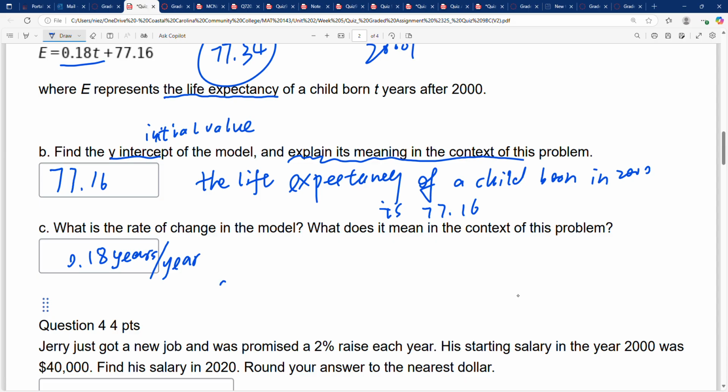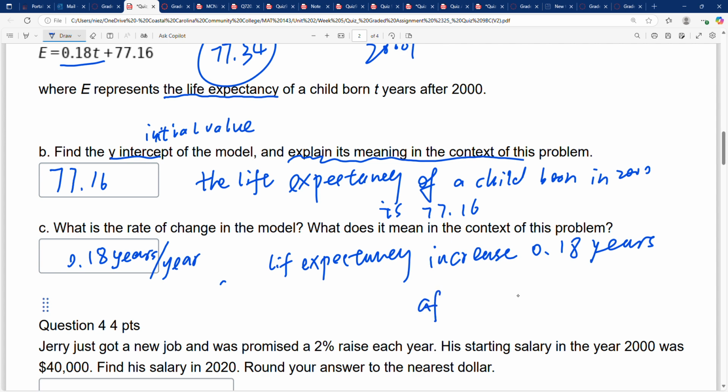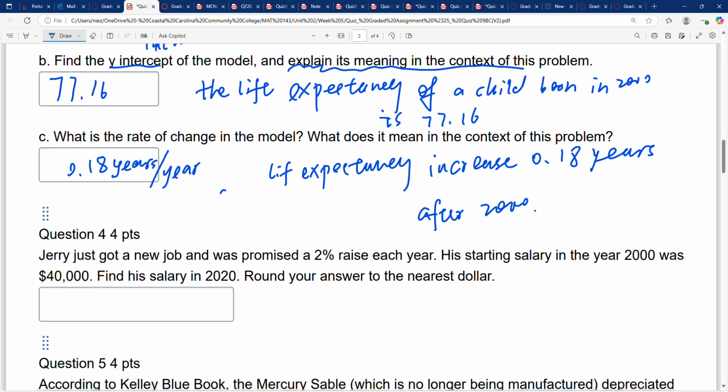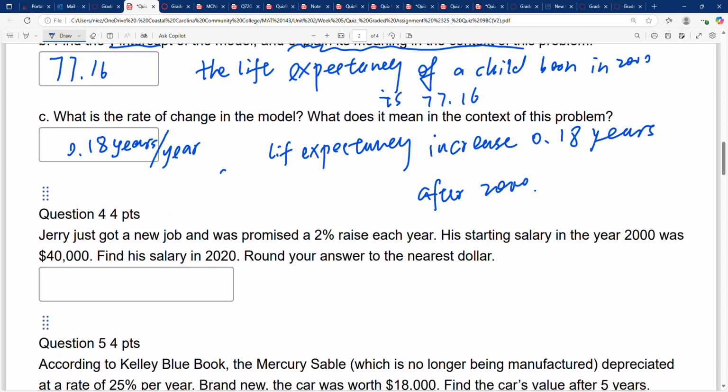So the meaning is the life expectancy increases 0.18 years per year after 2000.